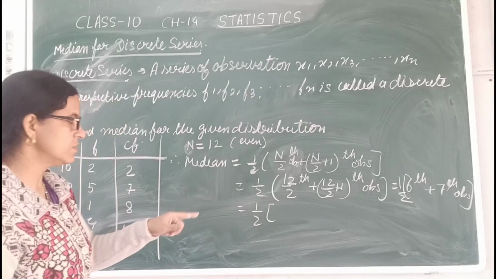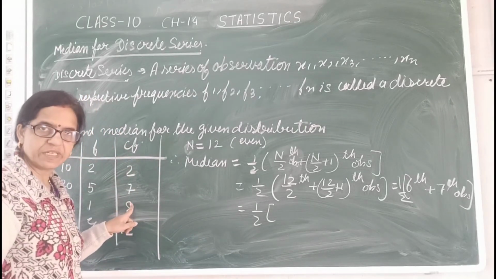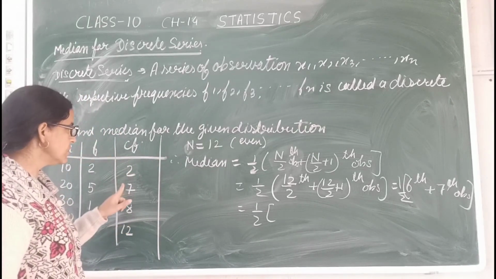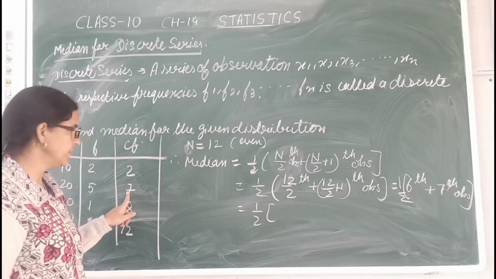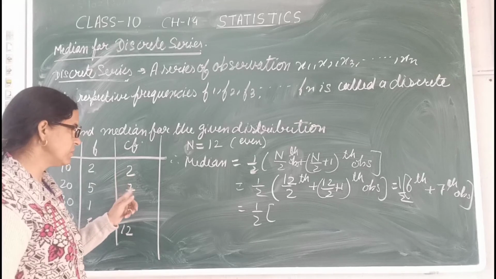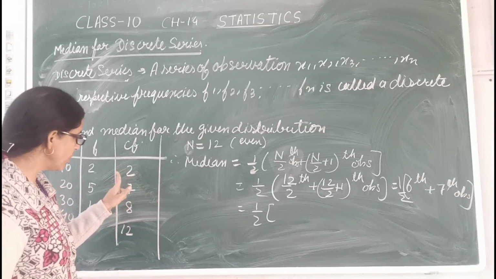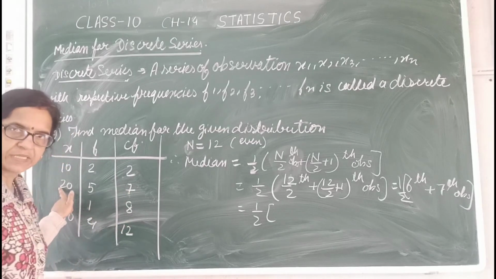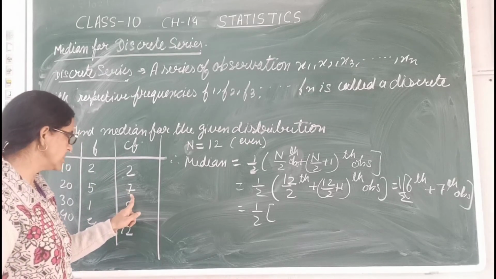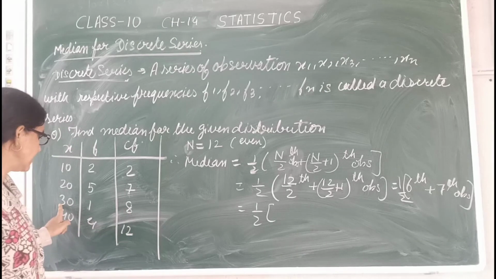To find the 6th and 7th observation, we will be seeing the cumulative frequency column. Now in the cumulative frequency column, after 2, the next term is 7 only. So for the 6th observation, from the 3rd to 7th, all observations we will be counting as 20 only. I think you understand. Again from the 8th term, it is directly given.